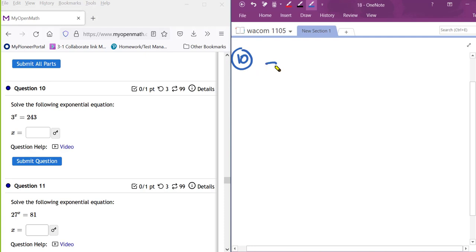So we have 3 to the x equals 243. And so the way that you can solve these exponential equations, if you can get the bases the same, then you're allowed to set the exponents equal to each other, and that's how you solve. So get the bases to be the same.